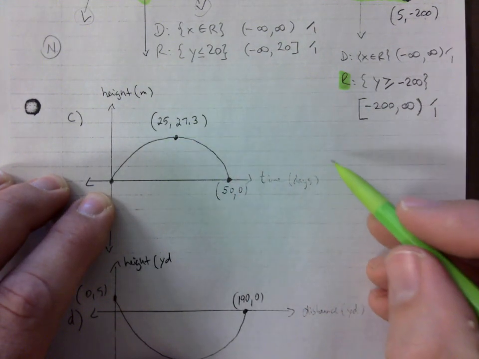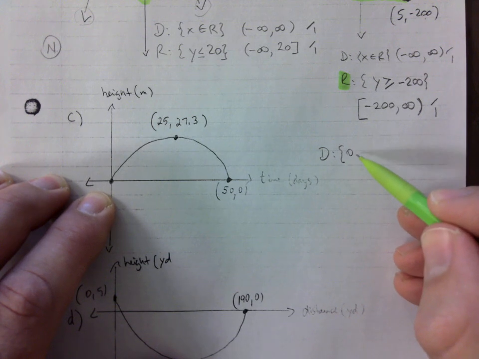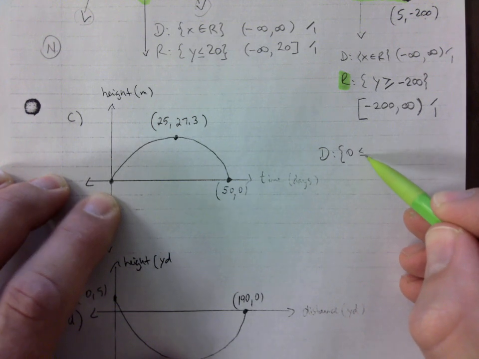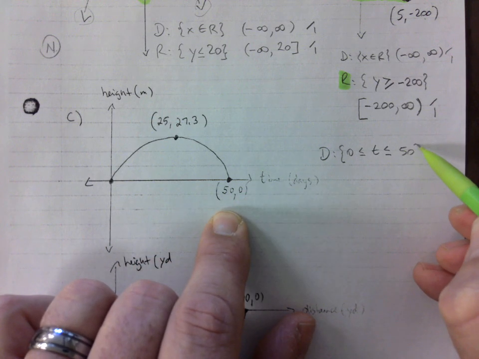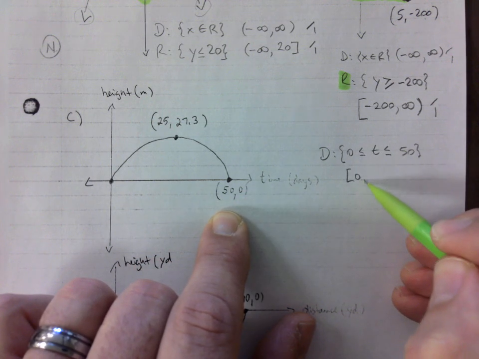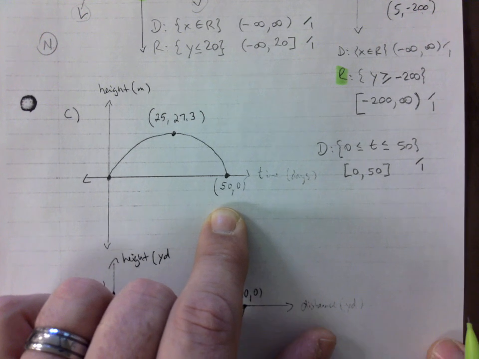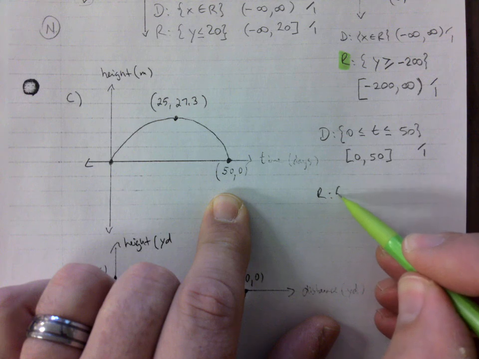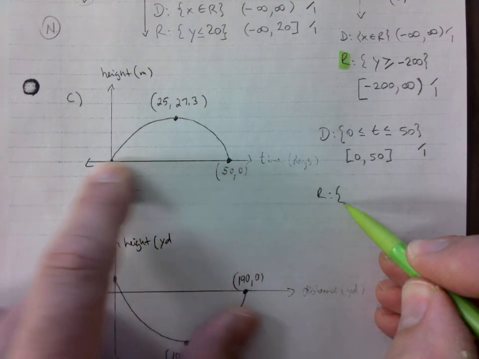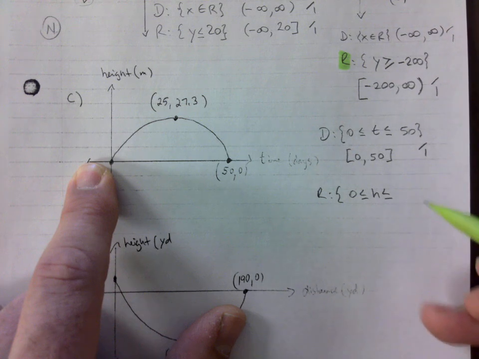Okay. So for the domain, if you use set notation, it would go from 0, right? And then we use t for time, and it goes to 50. Or you go 0 to 50, that's also okay, either one. So 1 mark for the domain there. For my range, set notation, you go 0 is the lowest this ever gets to. I'm using h for height.